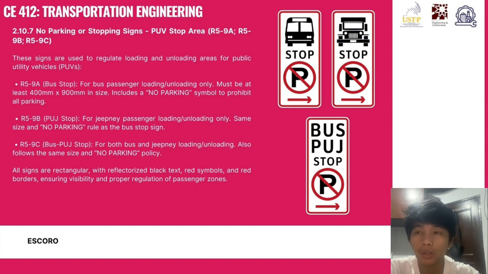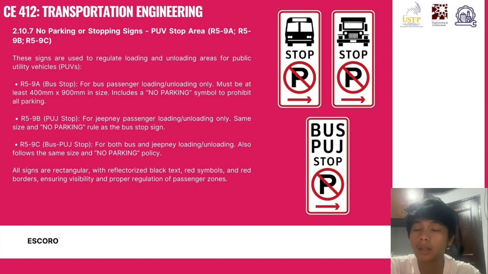So these signs are used to regulate loading and unloading areas for public utility vehicles or the PUVs. So R5-9A or the bus stop for bus passenger loading and unloading only must be at least 400 by 900 mm in size, including a no parking symbol to prohibit all parking.